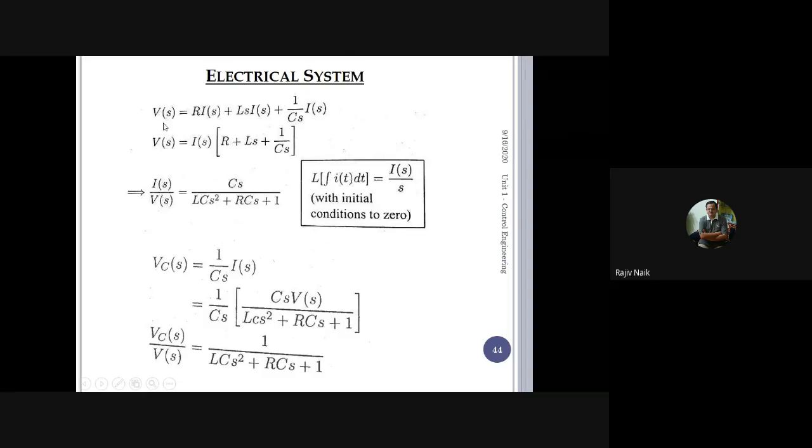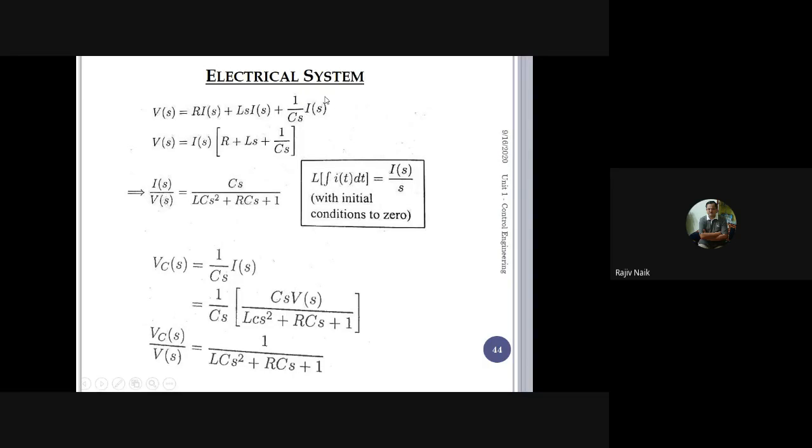Once we write this equation, you can proceed further and take the Laplace transform. So V of S is equal to R into I of S. Then L, one differentiation is there, so it is L into S into I of S, plus the voltage drop across capacitor, 1 upon C with integration.